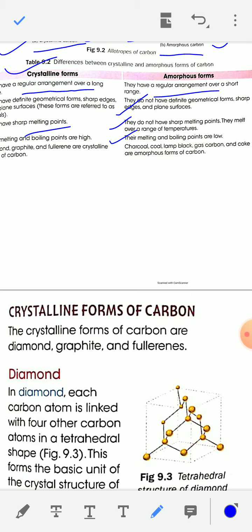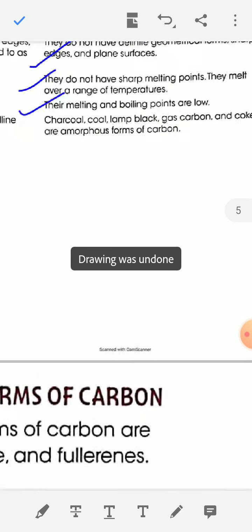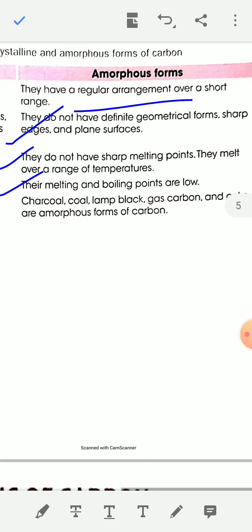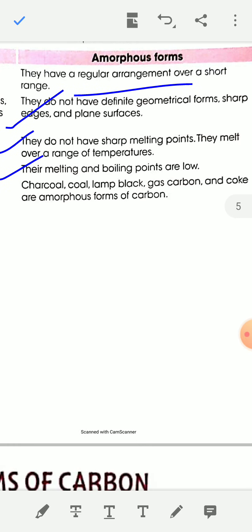Examples of amorphous forms of carbon are charcoal, coal, lamp black, gas carbon, and coke.